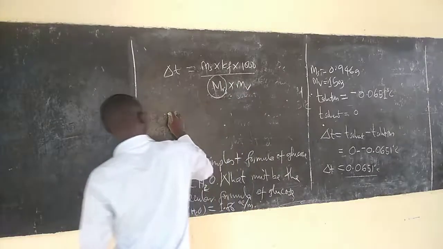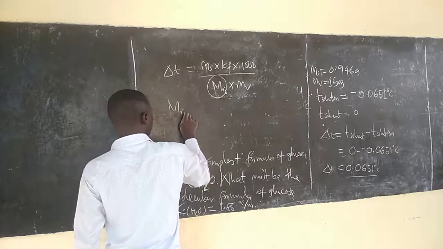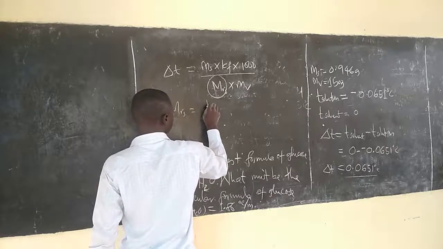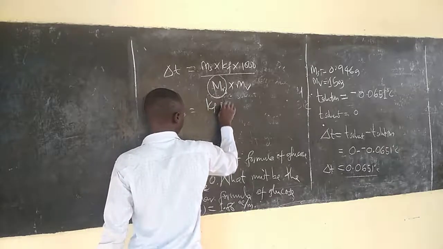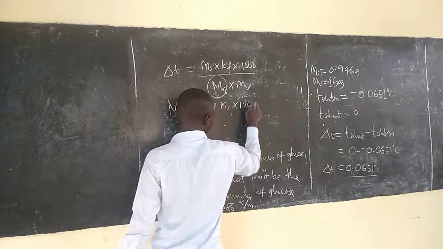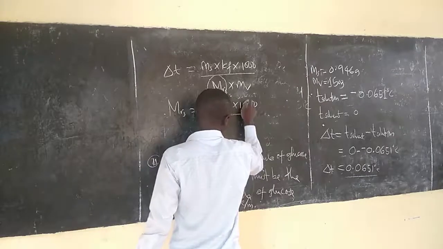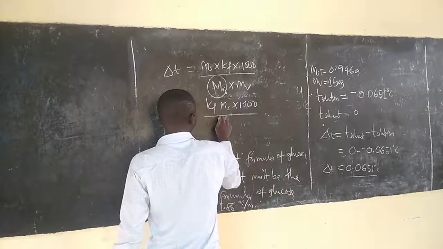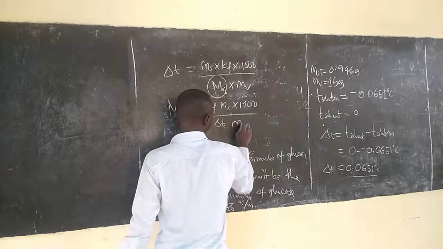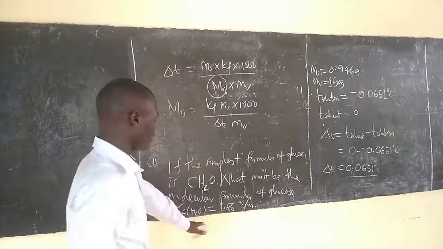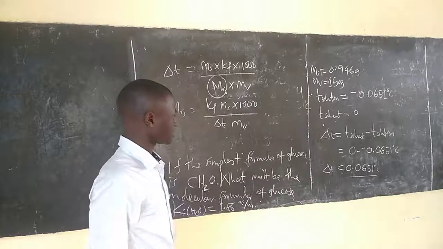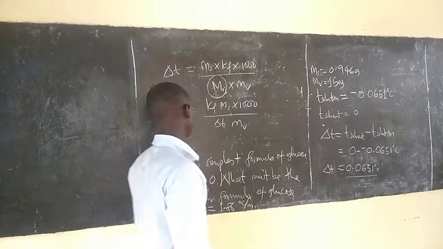Solving for this, we get molar mass of solute is Kf times mass of solute times 1000 divided by change in T times mass of solvent. We are given Kf below, 1.86. So this is very easy.